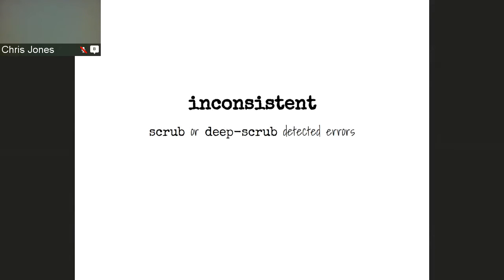If you have files in there that have the correct size and correct metadata, but don't have the content that Ceph expects, for example, due to bit rot, then that is something that a deep scrub would detect. Either way, the PG would go to the inconsistent state, and what you do in order to recover from that is you run a ceph pg repair on that placement group.